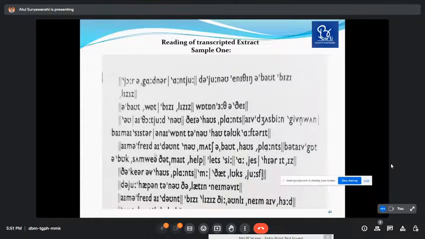I'm afraid I don't know much about house plants, but I've got a book somewhere that might help. Let's see. Ah, yes, here it is. The care of house plants.